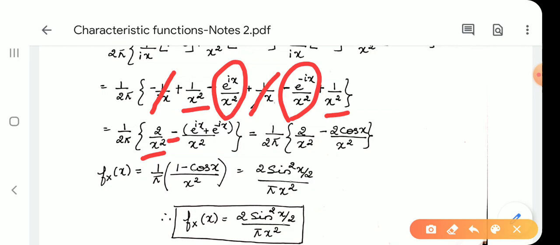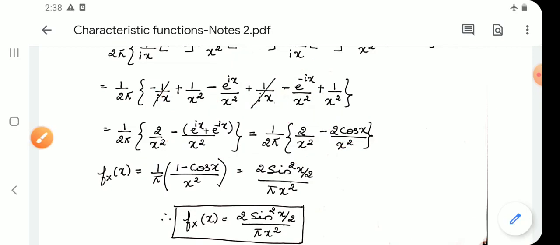When we take the minus sign common outside, we get e power ix plus e power minus ix divided by x square. Further it becomes 1 by 2 pi into 2 by x square minus, e power ix plus e power minus ix is nothing but 2 cos x. It becomes minus 2 cos x by x square.